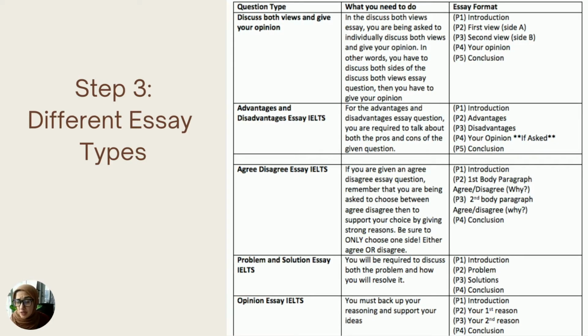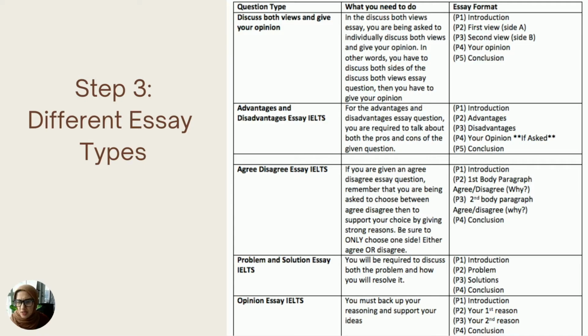Paragraph 1 would include an introduction. Paragraph 2 would be you discussing the advantages. Paragraph 3 would be the disadvantages. Paragraph 4, once again, if you are asked to write an opinion, you could include it in another separate paragraph, and paragraph 5 would be a conclusion.